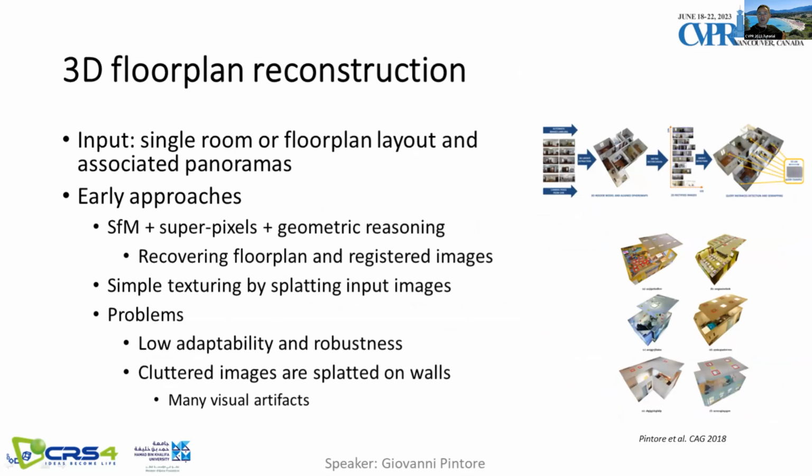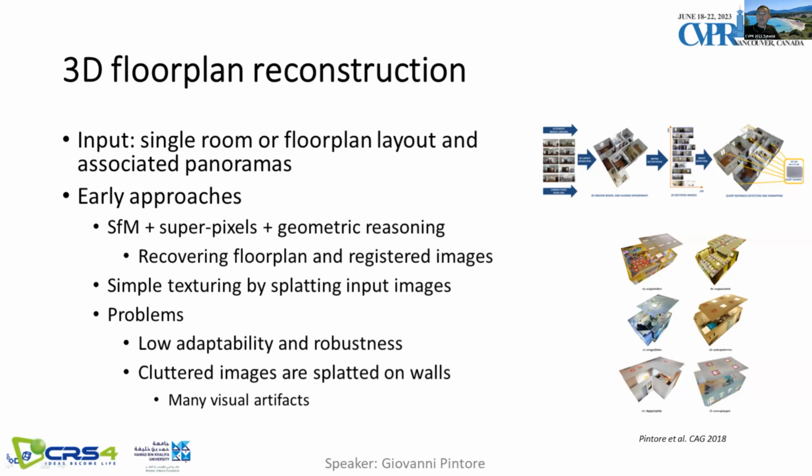And once we have the layout, as a single or multi-room, and the associated visual information, as we have seen, the final goal is also to have a full 3D textured model.